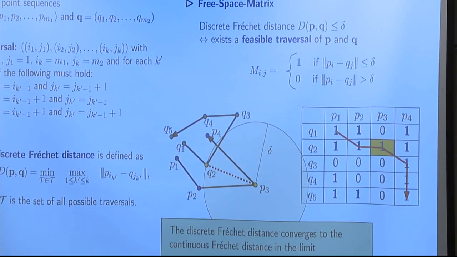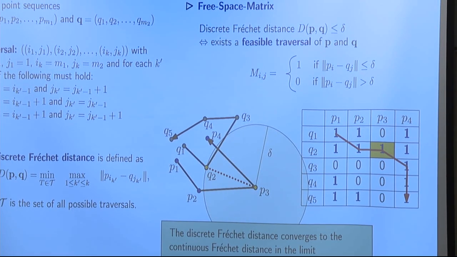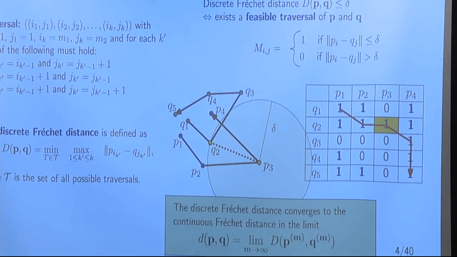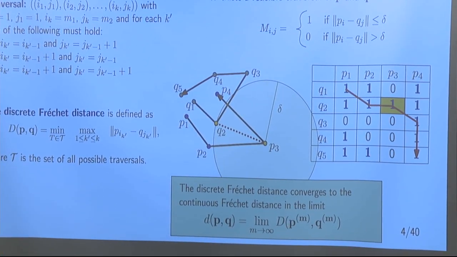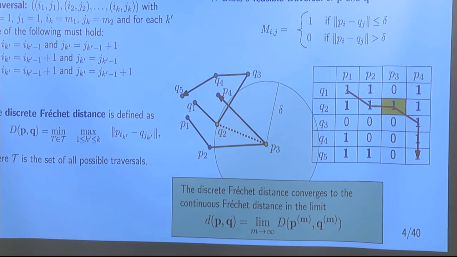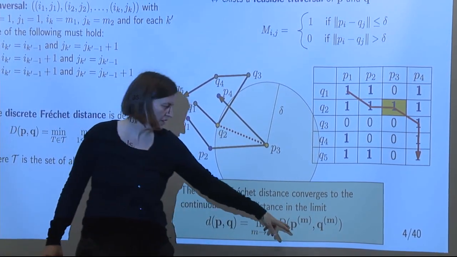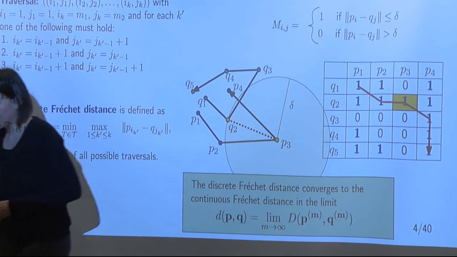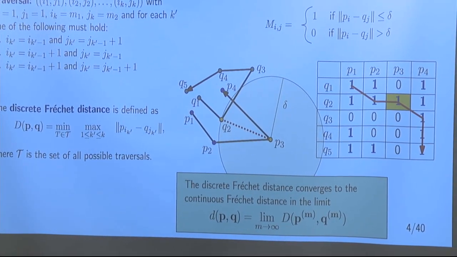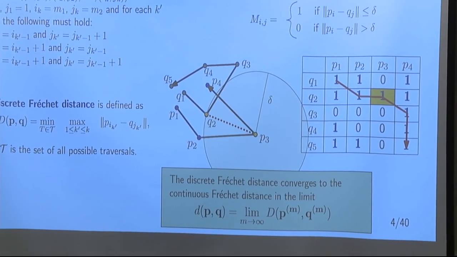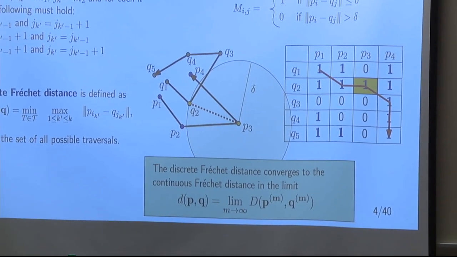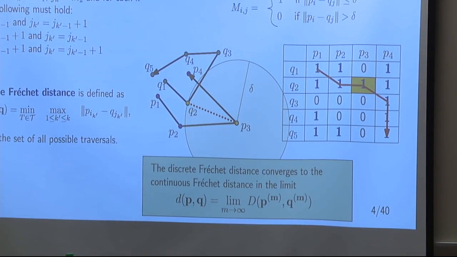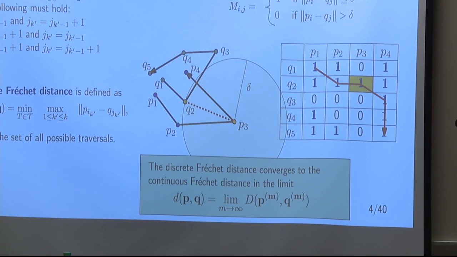So what's the connection? Well, the discrete Fréchet distance converges to the continuous Fréchet distance in the limit if you subsample a continuous curve. Here I say P and Q to the M. This is a sequence that I sample along a curve, and if I take enough of those points, then the discrete Fréchet distance will be equal to the continuous Fréchet distance.